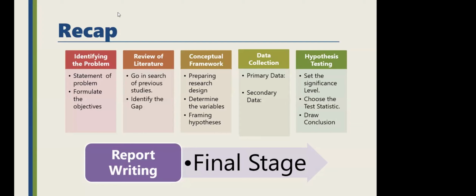Then you'll determine the variables, and then you'll frame the hypothesis. After framing the hypothesis, the researcher will go for data collection. There are two types of data collection: primary data and secondary data.